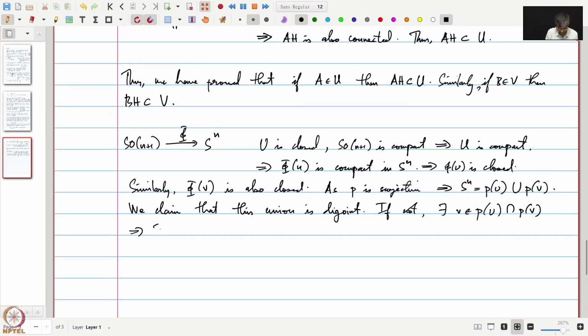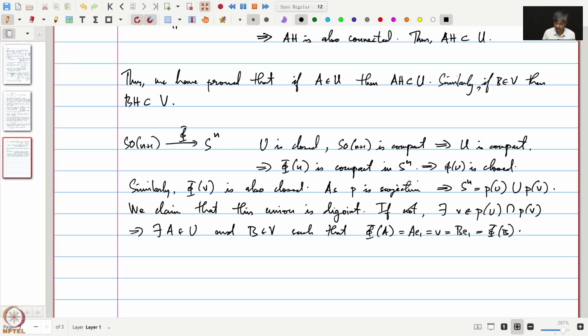So this implies that there exists A in U and B in V such that phi of A is equal to A e1 is equal to v is equal to B e1 is equal to phi of B. Right?